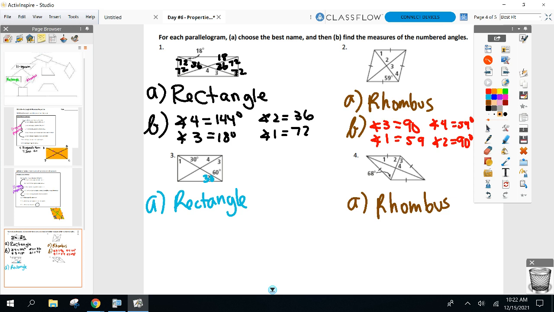So what's 90 divided by 2? Angles 1 and 2 are 45. And 3 is 60.